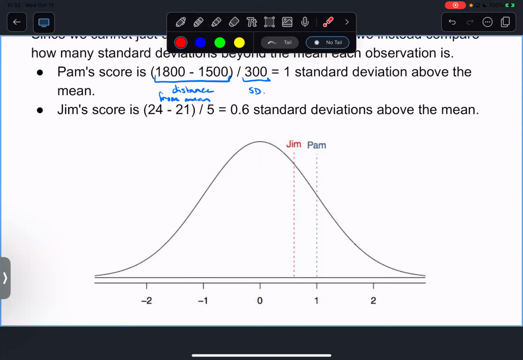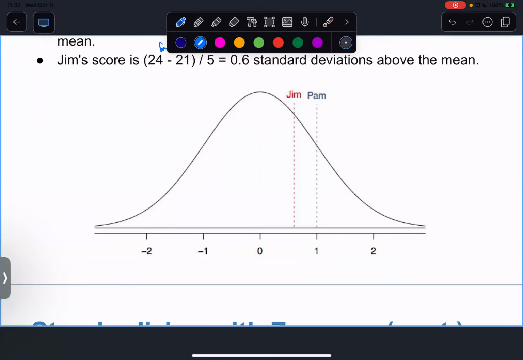Now, what have we done here? We've standardized everything so it's on the same scale. Now we're talking about distances from the mean: how many standard deviations from the mean? So what we've done is we've converted to the standard normal distribution.